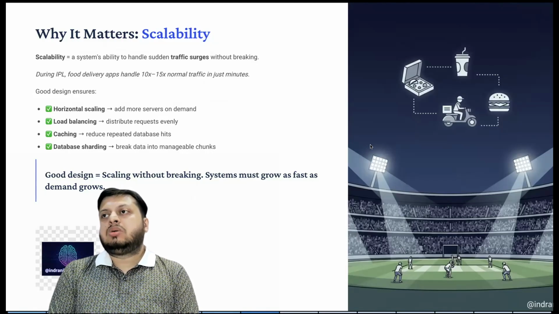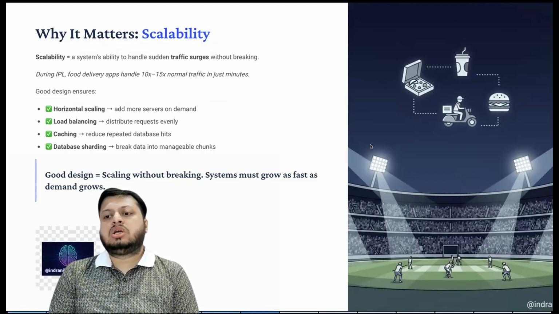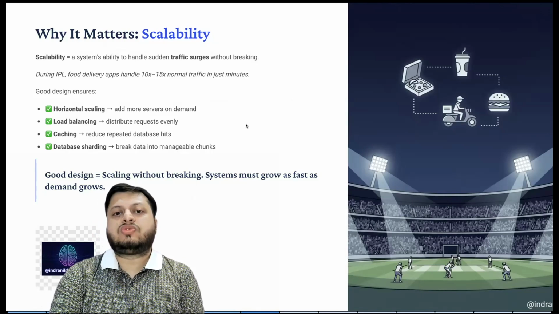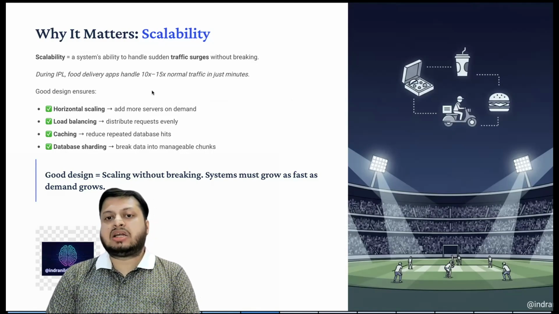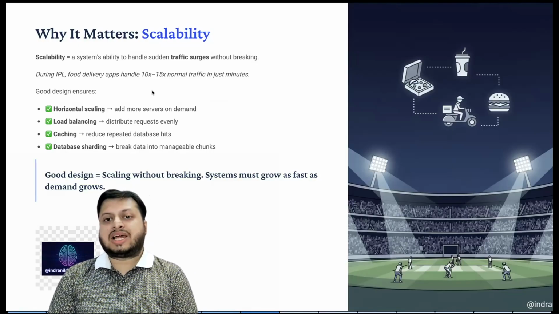People are watching maybe in a gathering or group, and they order during those matches. So food delivery apps have to handle a lot of traffic, say 10 to 15 times normal traffic in just minutes. So how they do that is where scalability comes into the picture.